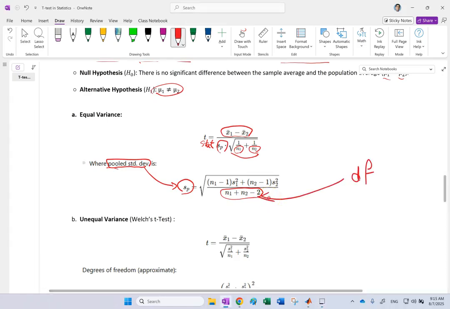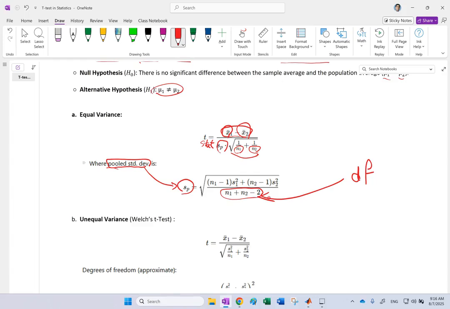And the reason again is you have a total of n1 plus n2 data, but since the averages are fixed, two of those data are basically fixed. You cannot change them because the sum of the data in each group divided by the number should be equal to the averages. So your degree of freedom is n1 plus n2 minus 2. And this is your t-stat.